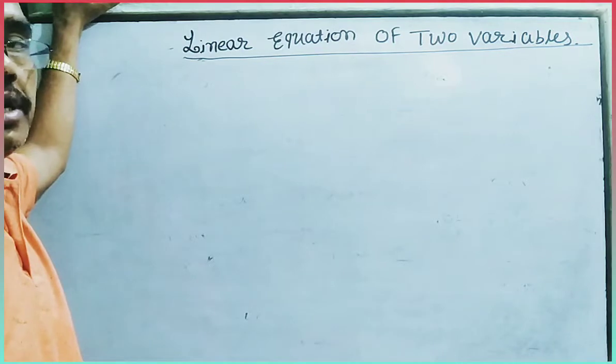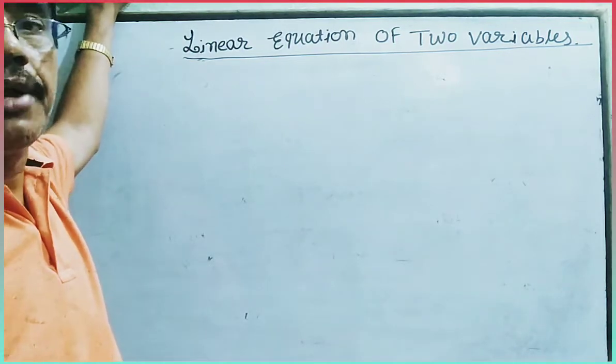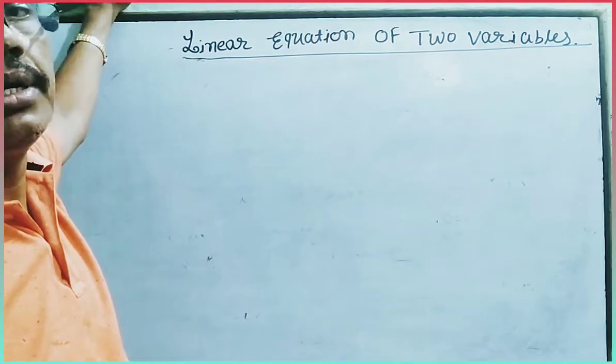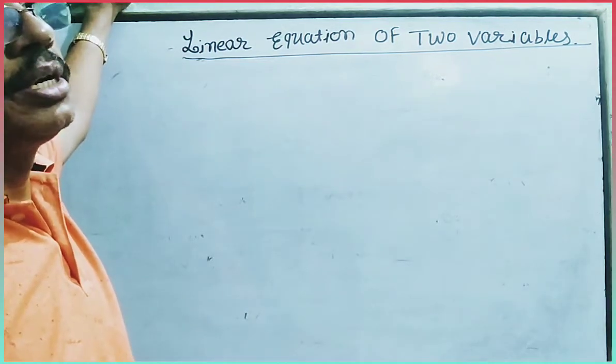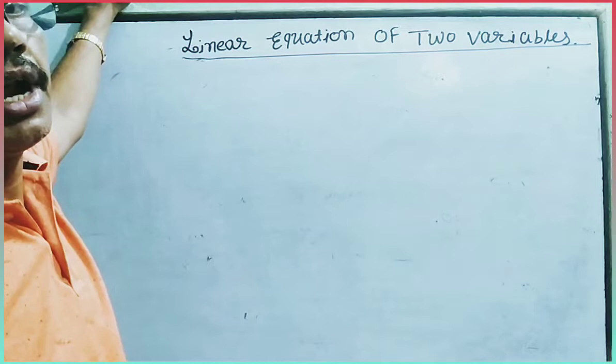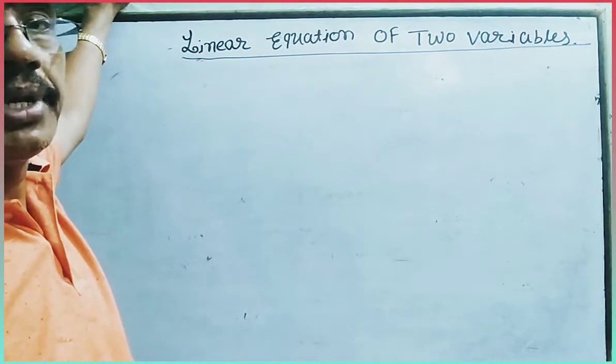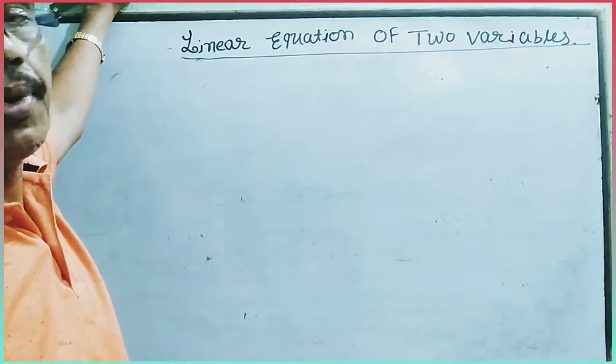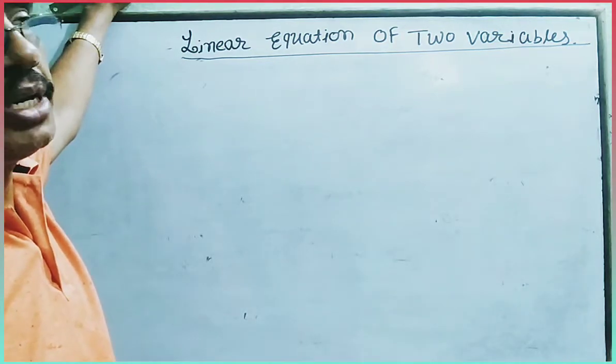So dear students, I discuss only three methods to solve simultaneous linear equations of two variables: the graphical method, the substitution method, and the elimination method, which is more important.